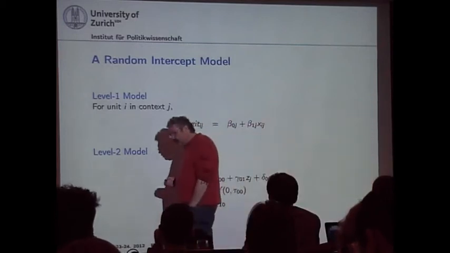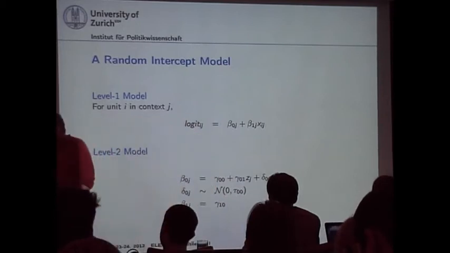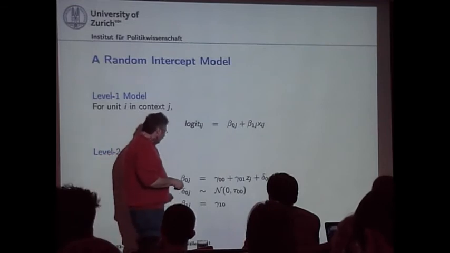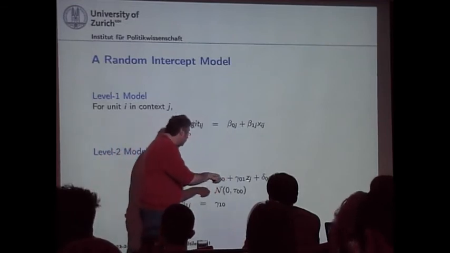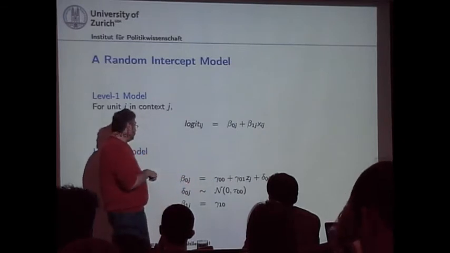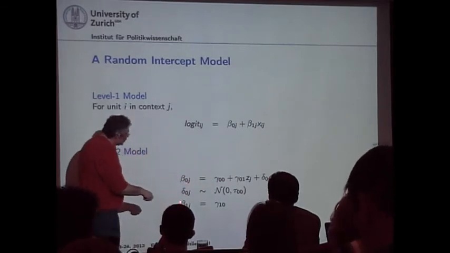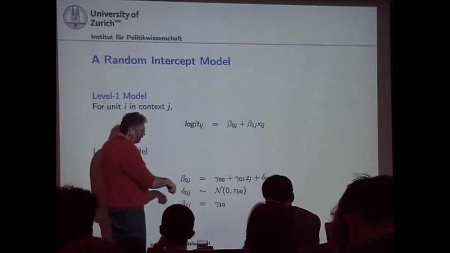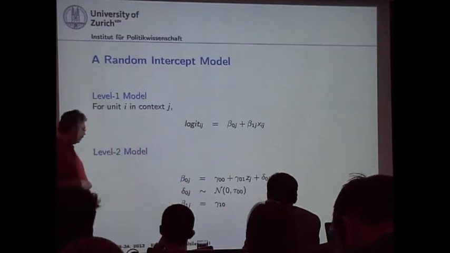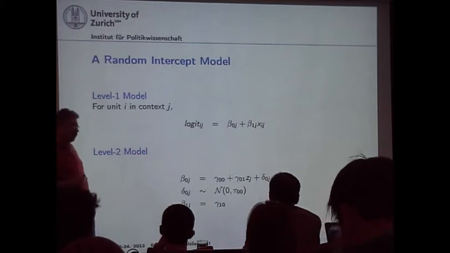And then our level 2 model is actually a model where I just introduce a random effect for the intercept. For the slope on x, I actually end up constraining that to a fixed effect, gamma 1,0, to keep things simple.